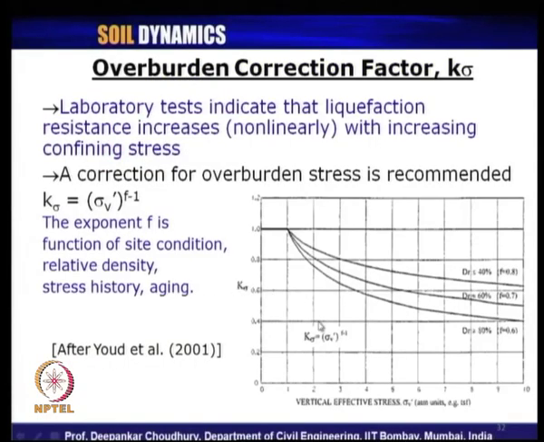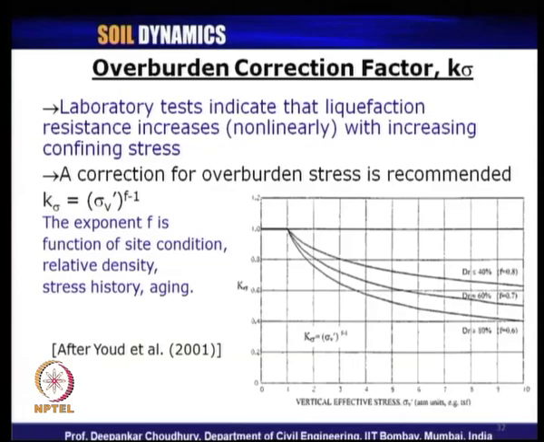Overburden correction factor K sigma. Now, laboratory tests indicate that liquefaction resistance increases non-linearly with increase in confining stress. That we have seen earlier also, among the factors involved in the liquefaction potential assessment, that if the depth is increasing or overburden is increasing, obviously the chances of the soil getting liquefied will be less, isn't it?